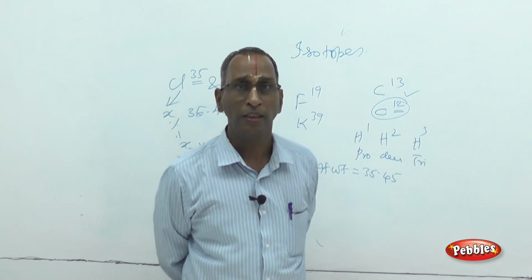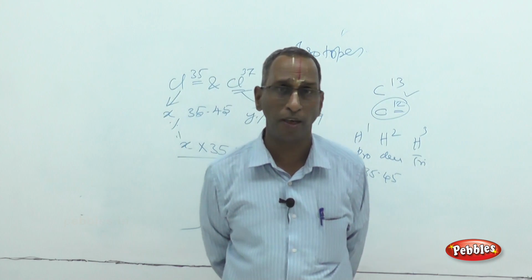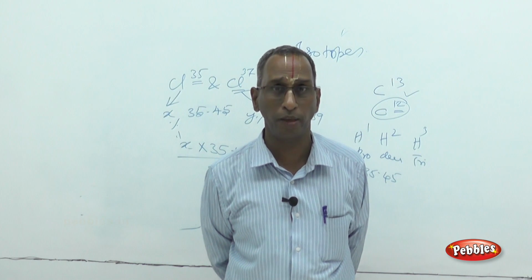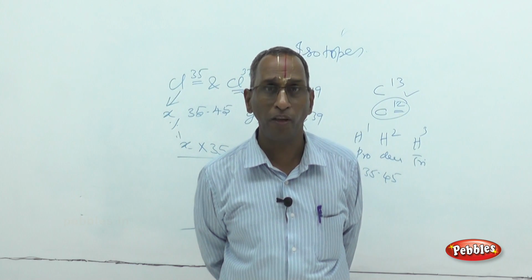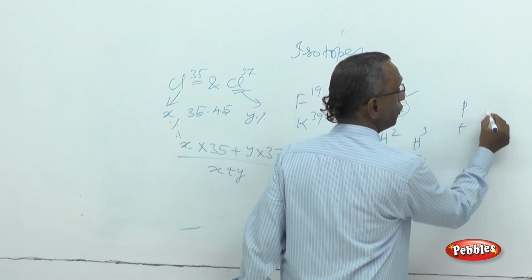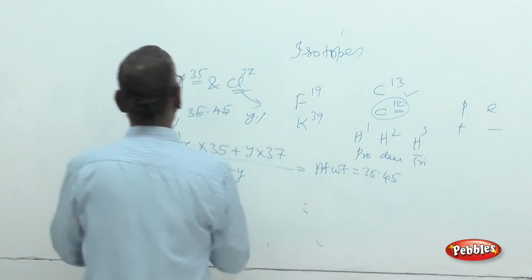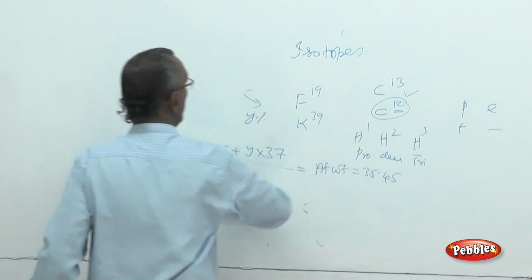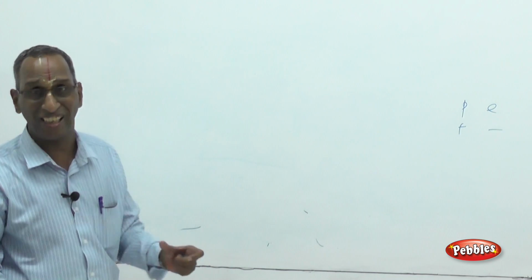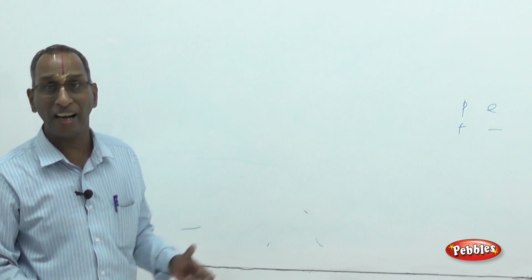We have seen that the atom is composed of 3 important subatomic particles. The central region is the nucleus, composed of protons and neutrons, surrounding which electrons are there. Already we have seen that protons are positively charged, electrons are negatively charged. We know that like charges repel each other, unlike charges attract each other.